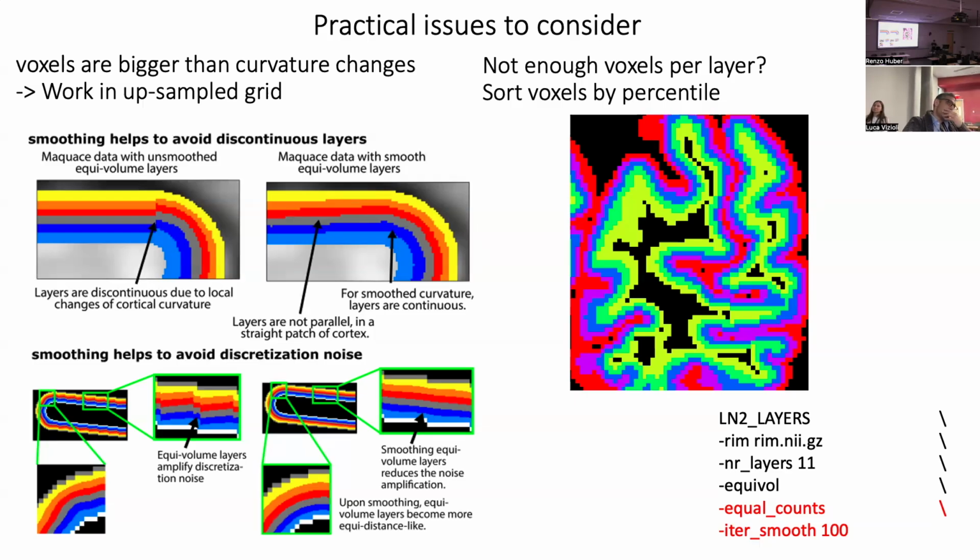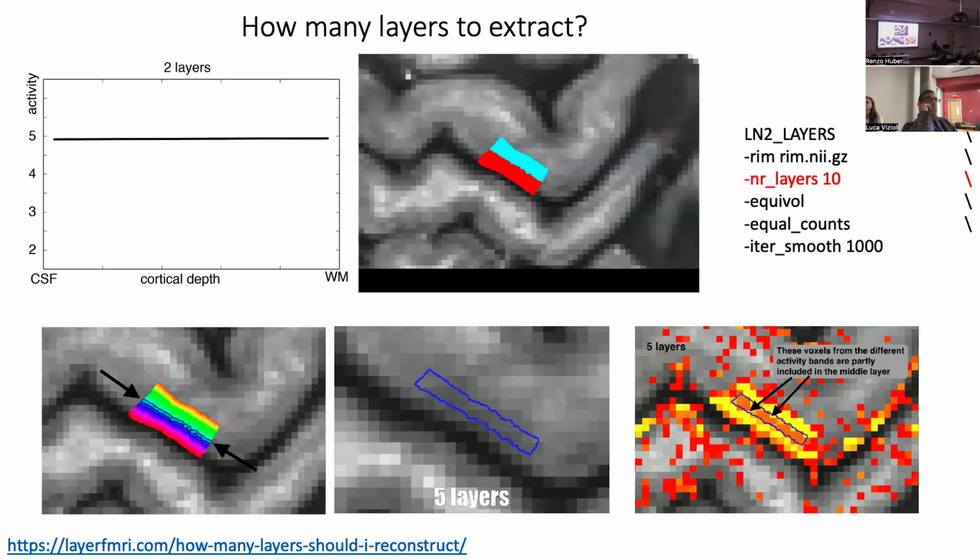But because of worries of reviewers that it might put something there that isn't there, I see people use LayNii at 0.8 millimeter, which can be done. However, then you want to use this equal counts option that I will explain as well. Basically, it tries to homogenize the inaccuracies that you have from these stepwise tissue borders.